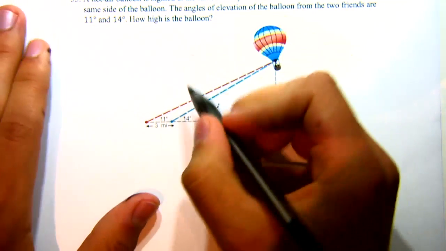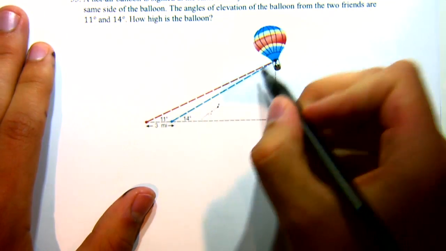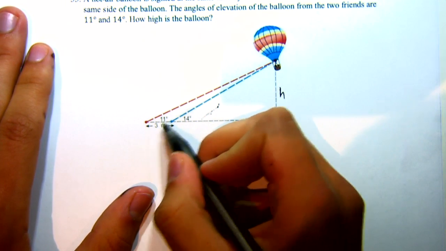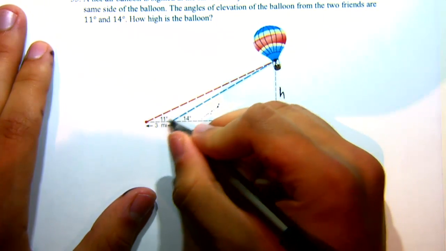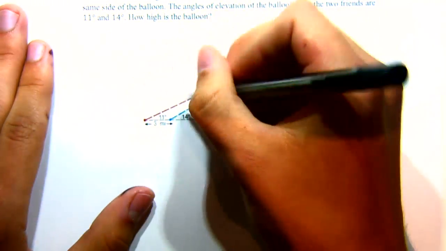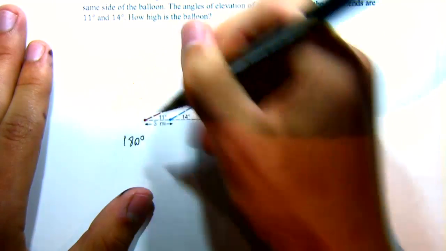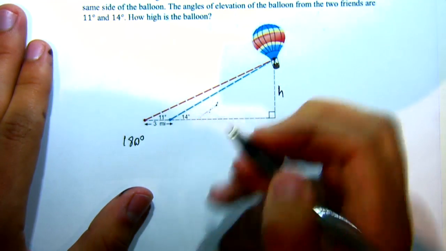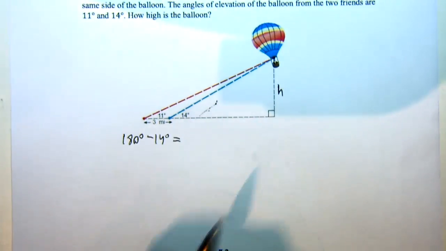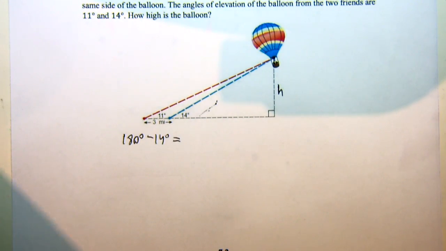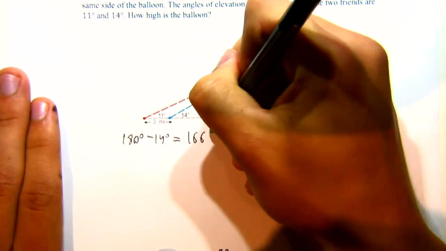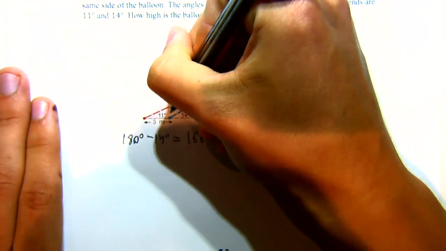So first we want to find this angle, because the only actual length we're given is this 3 miles. So first we find this angle. These are supplementary angles, this one and this one. So we do 180 degrees minus the 14 degrees, and we're left with 166 degrees.